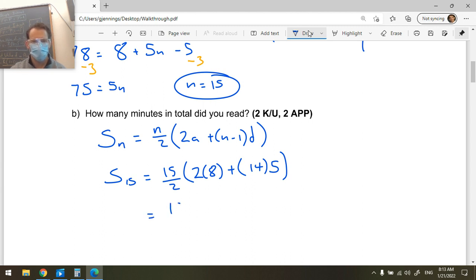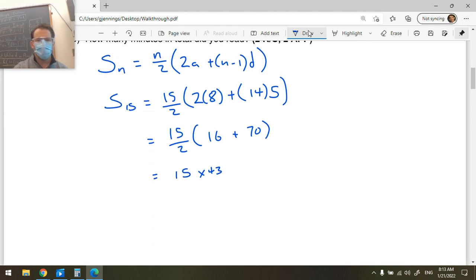This is 15 over 2 still, multiplied by 16 plus 14 times 5. 14 times 5 is 70, so this is 86 in here. 86 divided by 2 is 43. So this simplifies to 15 times 43, which is 430 plus 215. So that is 645.